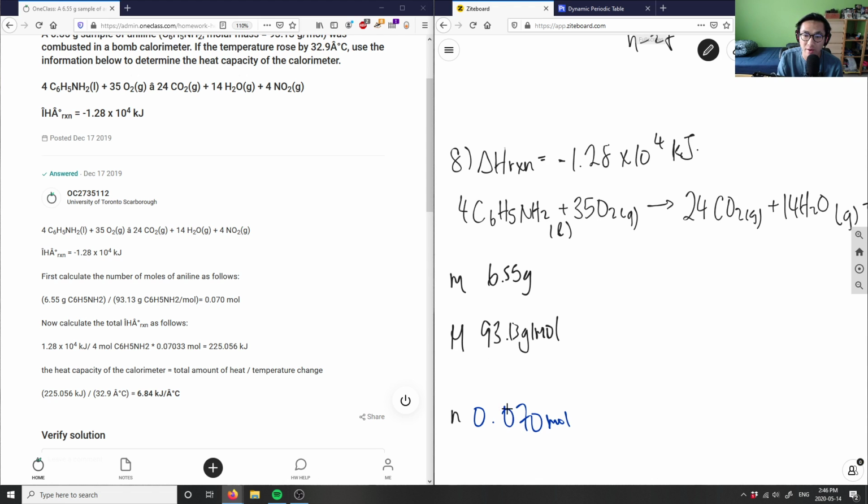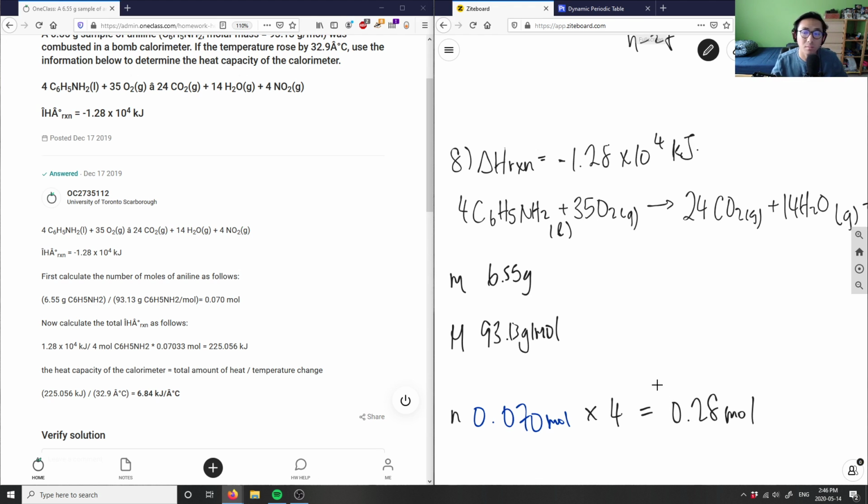Because I have 0.07 moles and I have 4 of these in the equation, I'm going to have to multiply this number by 4 to give us our per mole ratio. So this would be 0.28 moles, I believe. Multiply that by 4. Let me check that on my calculator. Yeah, 0.2813, I believe. But I'll just say 0.28 for now.